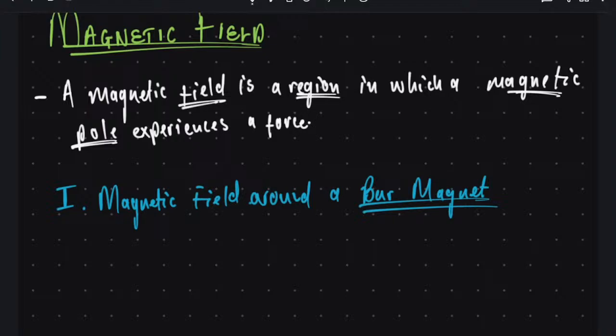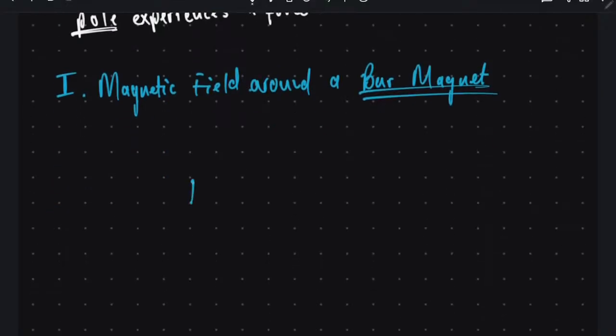What is the region like around a bar magnet? I taught you that a bar magnet is a magnet that's a bar, with a north and a south. So let me tell you some rules.